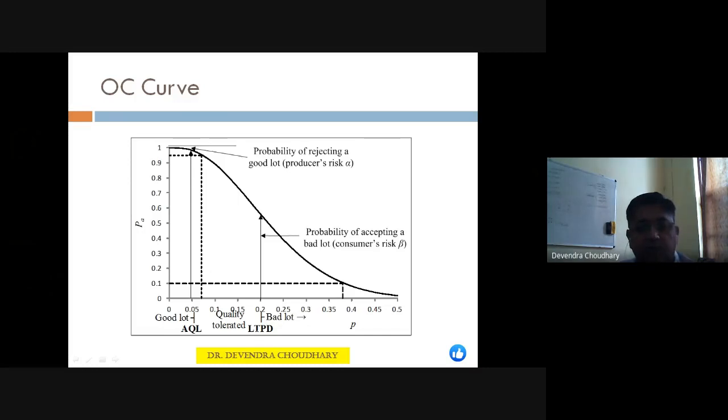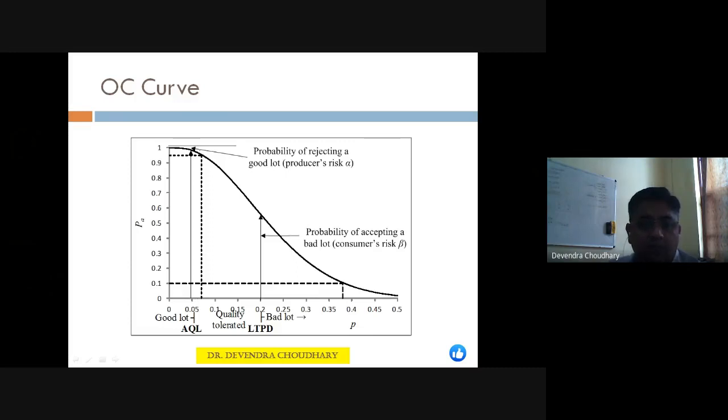And lot tolerance percent defective, LTPD, is the highest number of defectives up to which the consumer will accept the lot. If the lot quality is poorer than the LTPD value, or the fraction defectives are more than the LTPD value, then the consumer will not accept the lot.